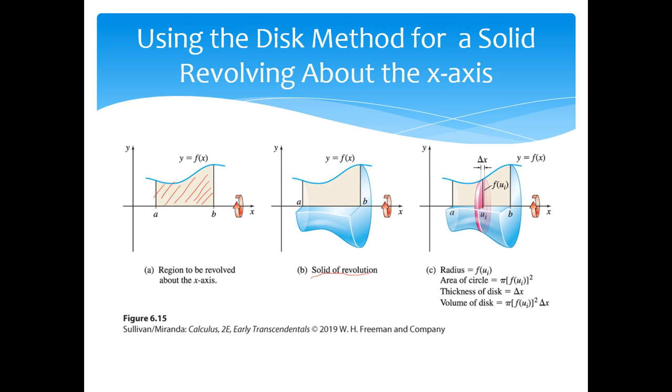So we're going to derive a formula that we can always use to find the volume of revolution. First, we're going to have a region that is within the interval a to b. We partition the region into n subintervals.